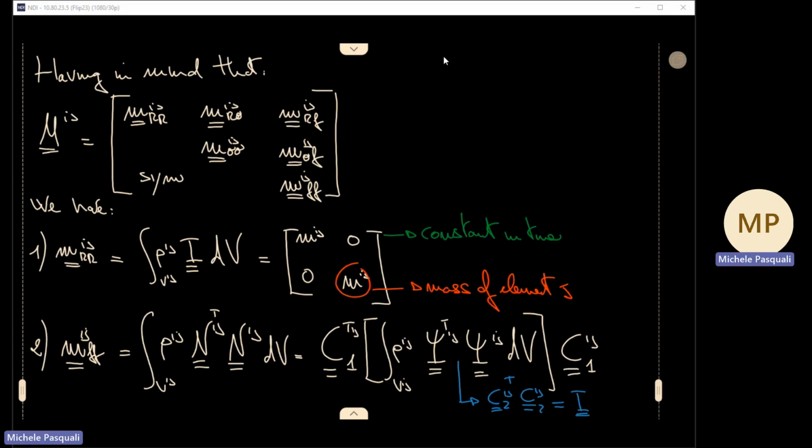Here, between the two shape functions, I should have had C2 transpose applied over C2, by the definition of the matrix N, if you remember. Now, if you perform C2ij transposed over C2ij, you get the identity matrix, because it's a rotation matrix. So, as it should be, it is orthonormal, orthogonal. And so, you have the identity matrix.